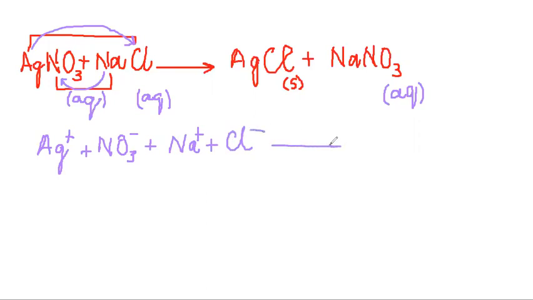It gives us AgCl plus Na positive plus NO3 negative. Because friends, this equation is known as ionic equation.